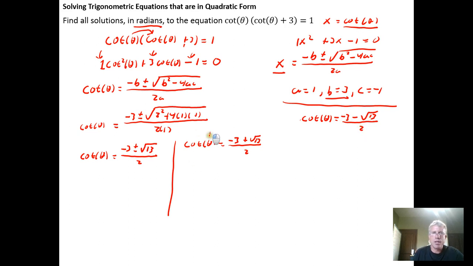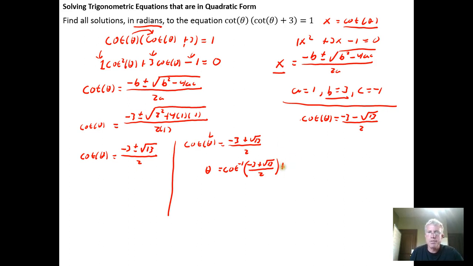So to get theta out of here, we would take the inverse cotangent of both sides. So we get theta is the cotangent inverse of negative 3 plus the square root of 13 all over 2. And we want to recognize that the period of the cotangent function is pi radians, so answers repeat every pi radians.